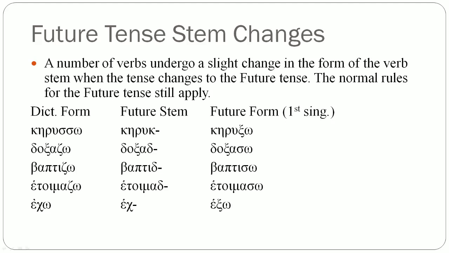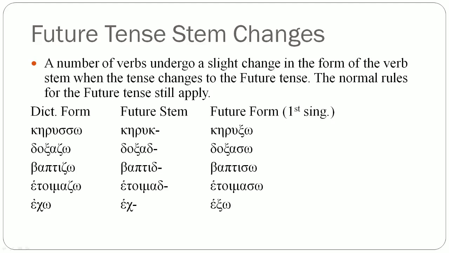Next verb. Nice, easy verb. If you sound this one out, you'll know exactly what it is. The word is baptizo. And thankfully, it means exactly what it sounds like. It's a verb form, I baptize. To put this into the future, I will baptize: beta, alpha, pi, tau, iota, delta.